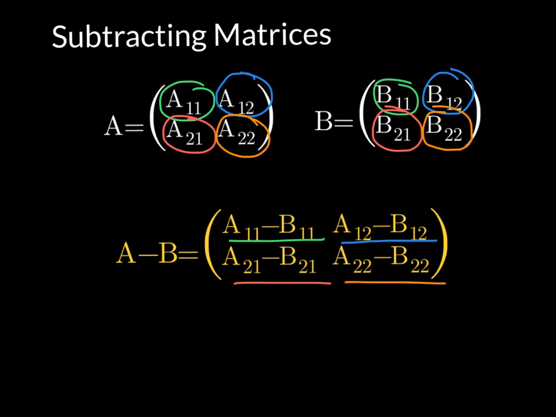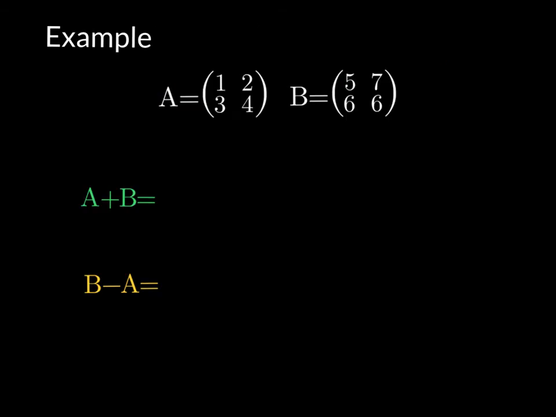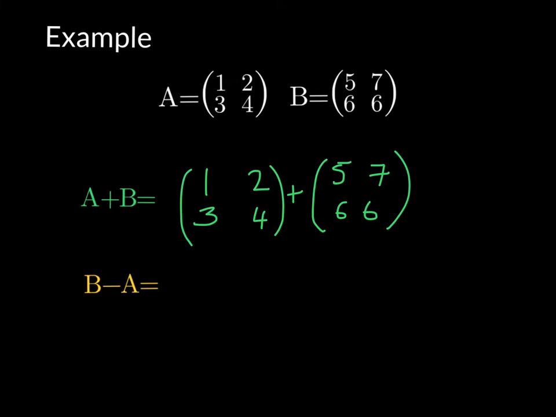So let's look at an example. So let's add matrix A to matrix B. Matrix A is 1, 2, 3, 4 plus matrix B, which is 5, 7, 6, 6.